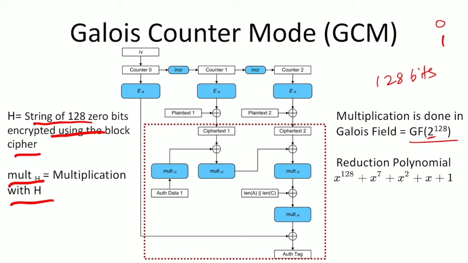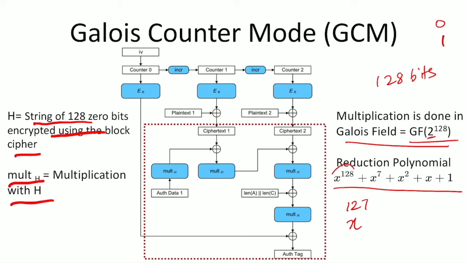And if the result is larger than 128 bits, then we reduce it to make it 128 bits. And how do we reduce it? We reduce it using this reduction polynomial, which is specific to this Galois field right here. So again, we convert data blocks to polynomials, we multiply those polynomials, and if the result is a bigger polynomial, in this case, we can only have each term with a degree of 127 or less.